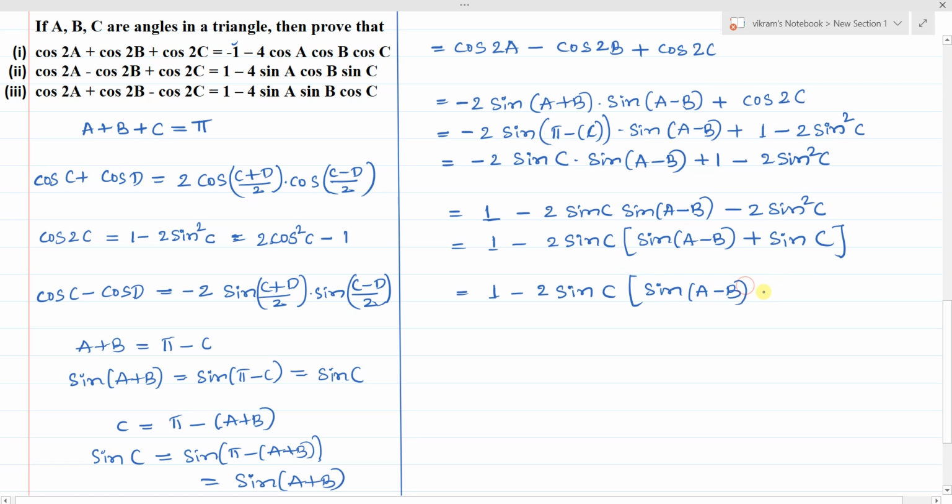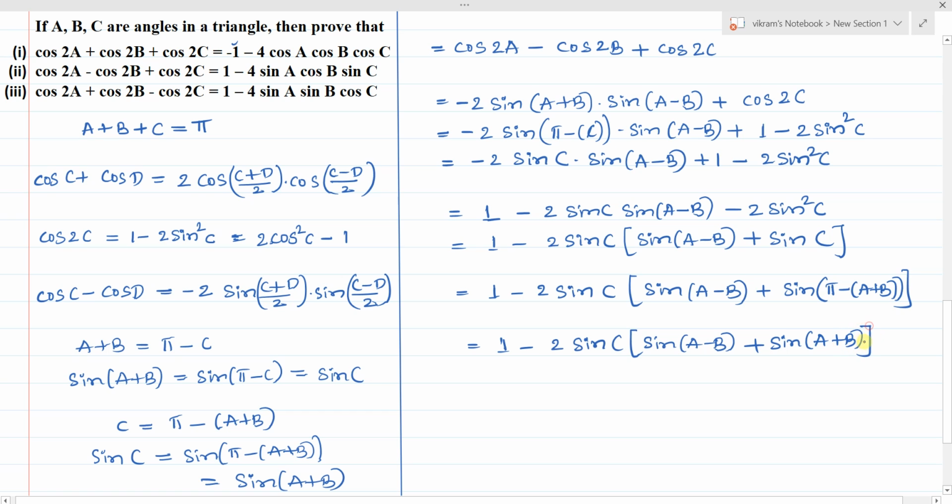So for the simplification I can write this as sine of pi minus of a plus b. Then here we can write this as 1 minus 2 sine c into sine of a minus b plus sine of 180 minus theta is sine theta only, sine of a plus b.